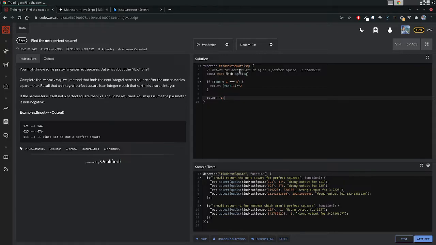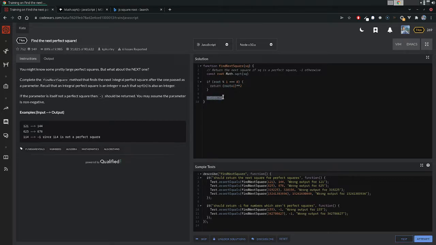So we get the root of the number. We have a square, we get the root of that square. If the root is a perfect root, we take root plus 1 and take it to the power of 2 to make the next square.